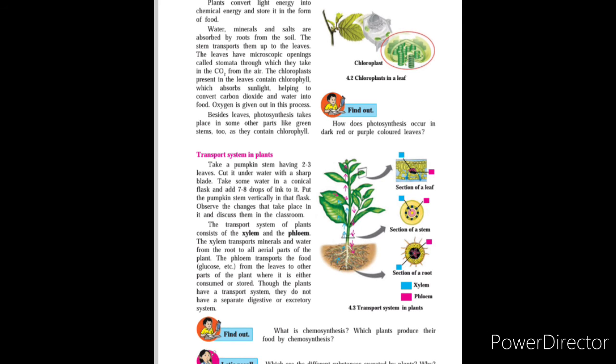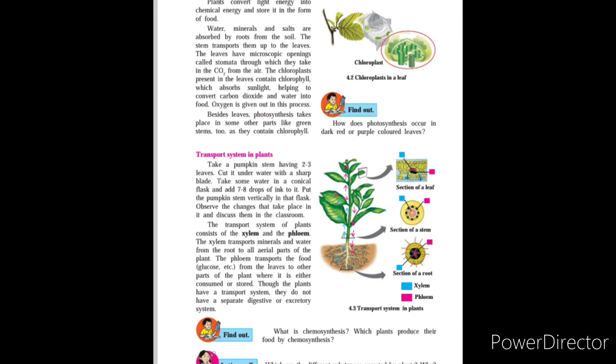Some rare autotrophs produce food through chemosynthesis rather than photosynthesis. They do not use energy from the sun to produce food; instead they make food using energy from a chemical reaction. You can search Google for more information about chemosynthesis for your extra knowledge.